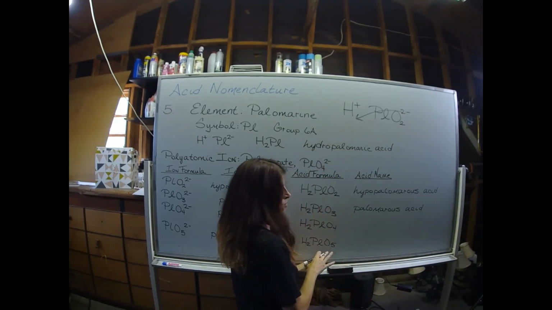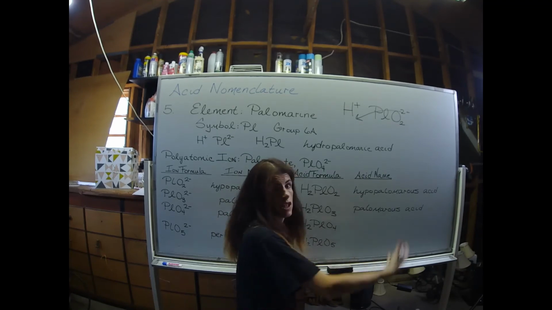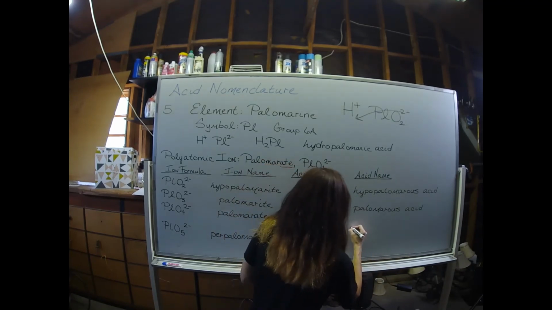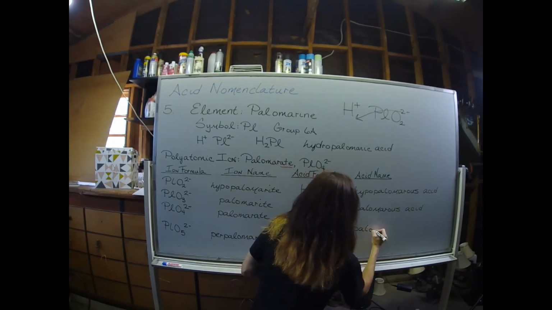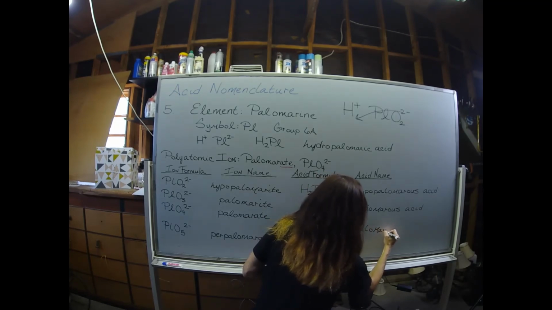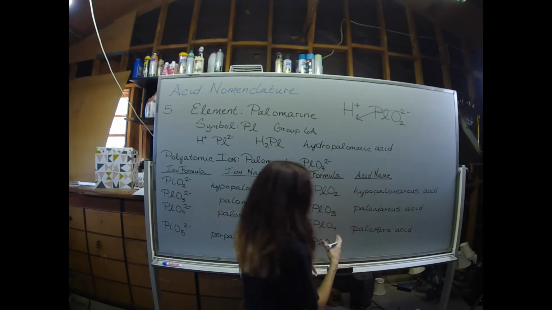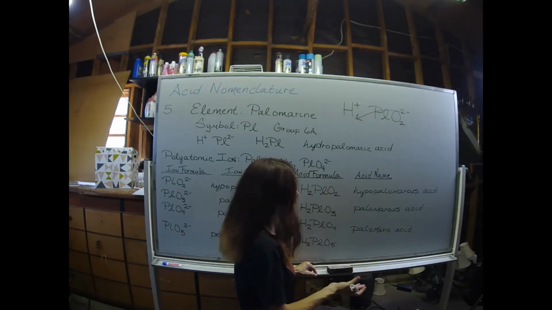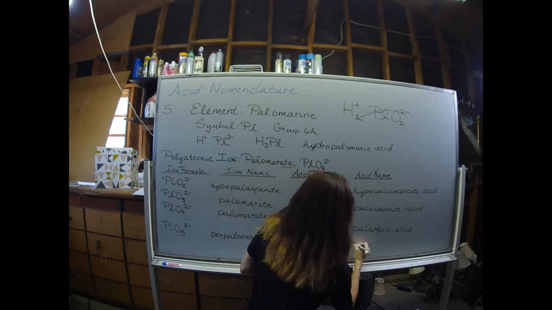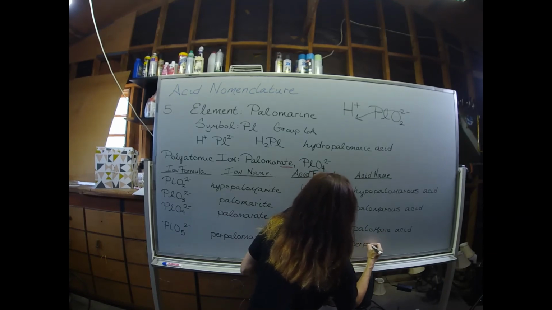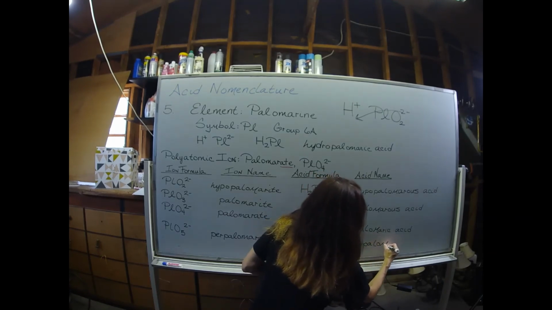So the ites go to ous. The last two have ates, so that's going to go to an ic ending. So we're going to do palomic acid. And then the acid that has the most oxygens will have the per out front. So this will be perpalomic acid.